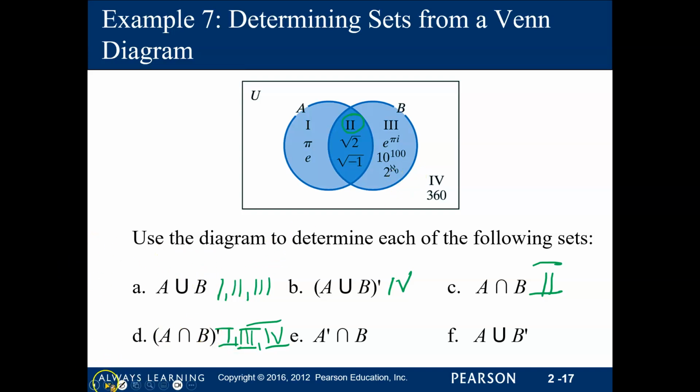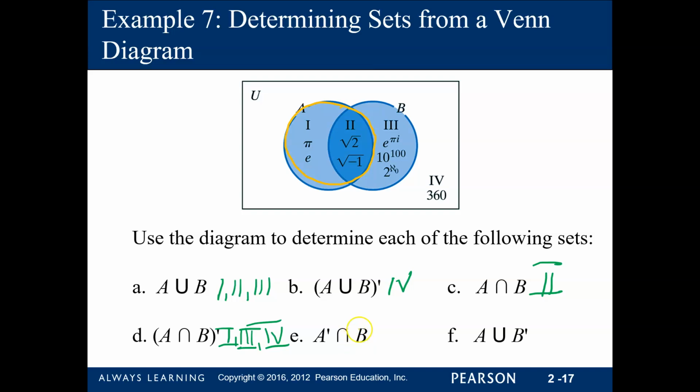All right, so let's take a look next. It says here, A complement intersection B. All right, A complement. So what is not A? You can see that this is our A. So not A is area 3 and 4.